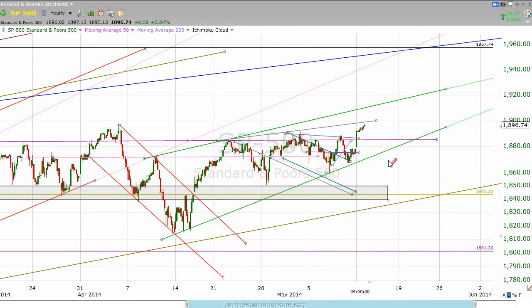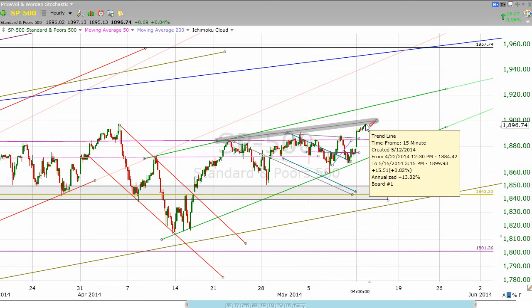Where we closed today is also very, very close, if not almost exactly, where we hit that all-time high back in the first week of April. So let's see what happens. We've got a couple of reasons to expect maybe some resistance right up in this area. Let's see if we can overcome that.